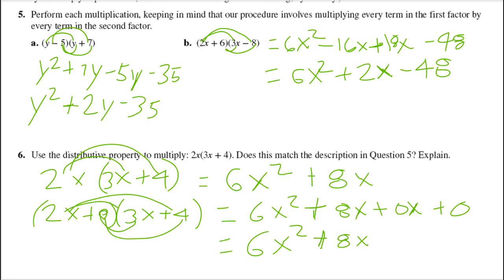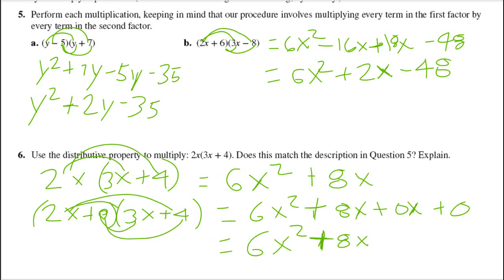So if I wanted to think about it the same way, I could actually use the same process that I did before, but I don't have to. The way I did it initially, I multiplied every term in the left side times every term in the right side. 2x is just one term because there's nothing added or multiplied.